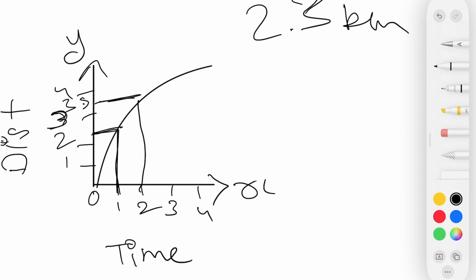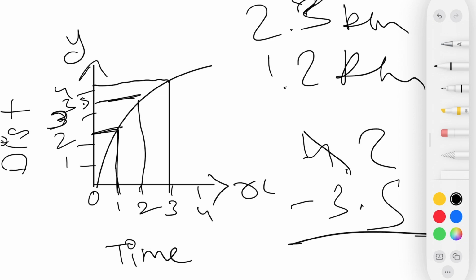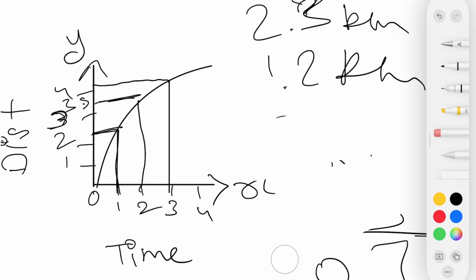In the next hour, it's covering 1.2 kilometers. In the third hour, it's covering 4.2, right? So 4.2 minus 3.5 is 0.7 kilometers. Right? It's covering 0.7 kilometers.